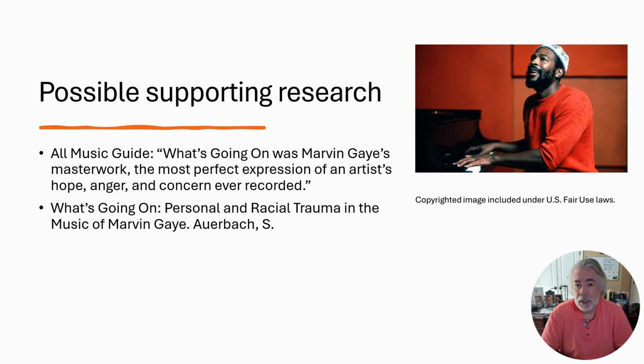There's also an article in a scholarly journal written about Marvin Gaye by a man by the name of Auerbach, and it's called What's Going On? Personal and Racial Trauma in the Music of Marvin Gaye. And he talks about, now Marvin Gaye lived a very tragic life. He was eventually murdered by his own father in 1984, 13 years after this amazing album came out.